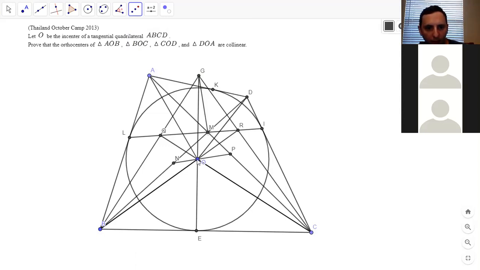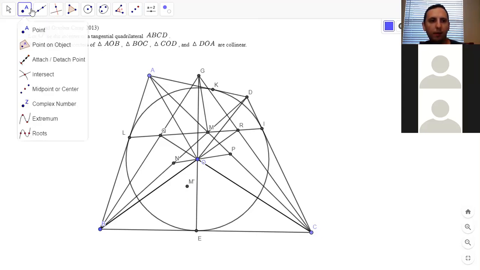Reflect M about O. Is there any special property of M prime?